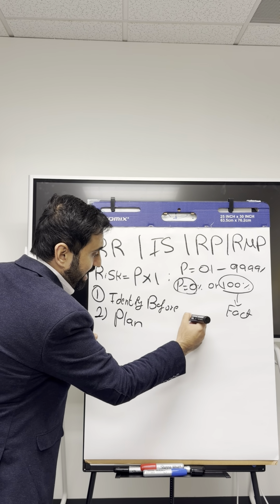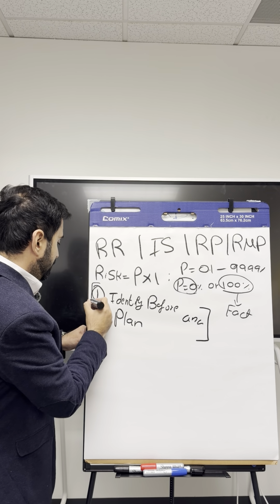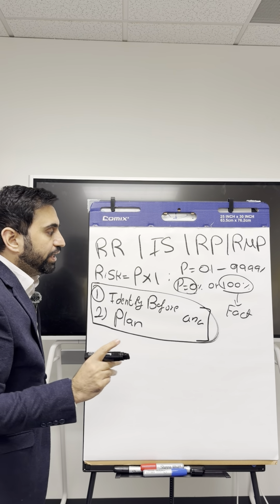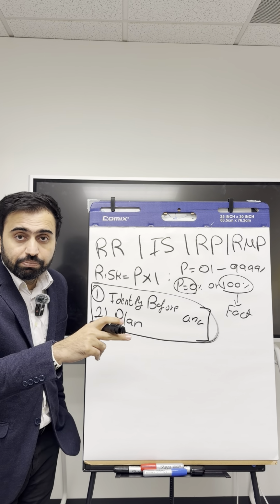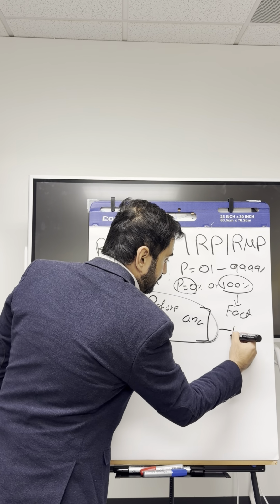These two conditions are AND, which means both need to be there. You identify something before it happens, you make a plan for it before it happens, you put that into the risk register. It goes into the risk register.